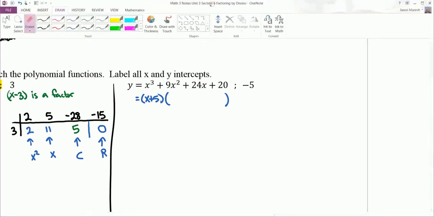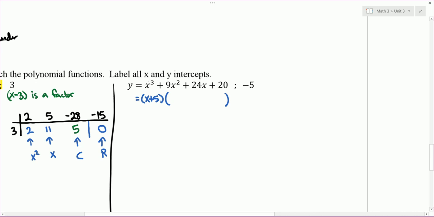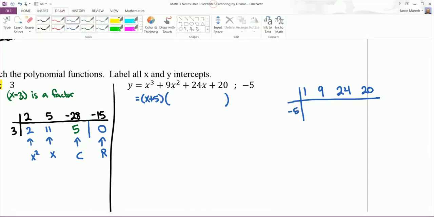To find the missing something, we're going to use synthetic division. We have 1x to the third, 9x squared, 24x, and 20. We're dividing by x plus 5. The x-intercept is negative 5, so we put the negative 5 here, and then go through the process.